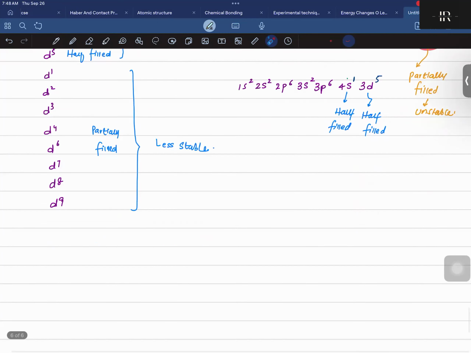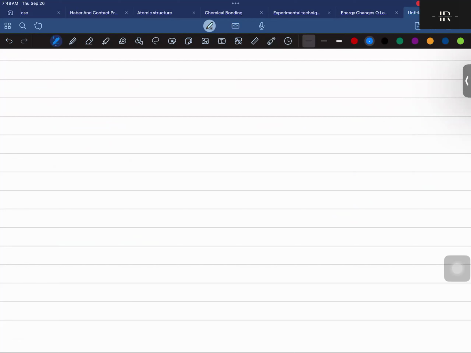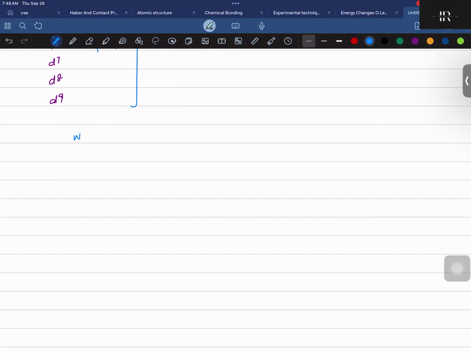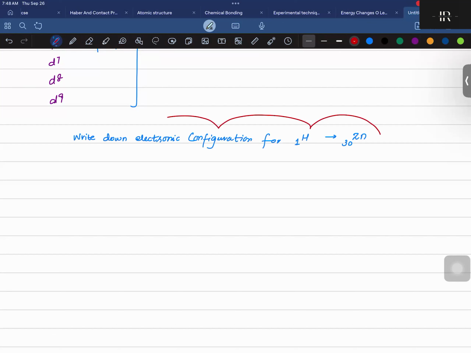In short, you all are supposed to write down electronic configuration for hydrogen to zinc. Right? Okay.